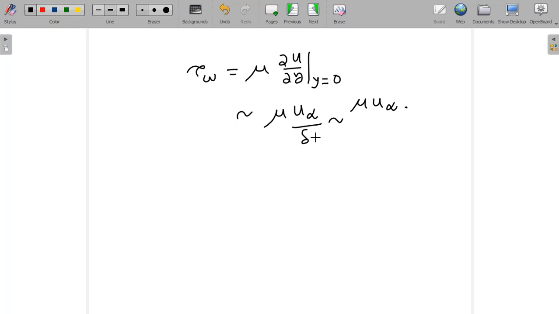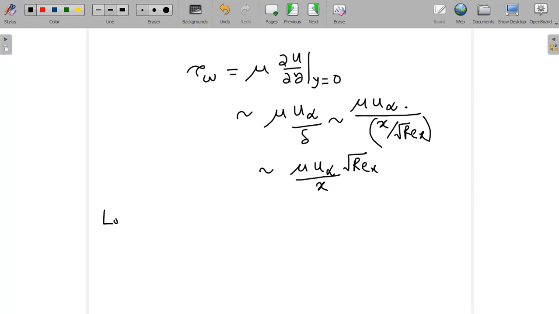So the order of magnitude of wall shear stress is mu u infinity into root over Re_x divided by x.